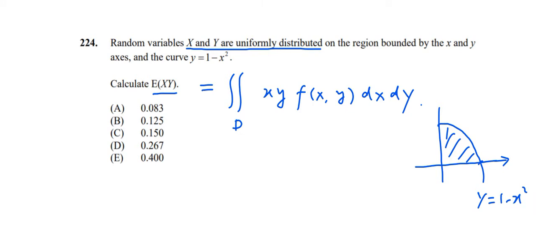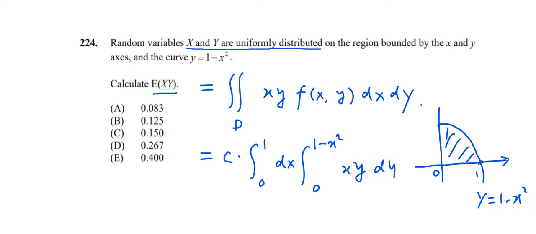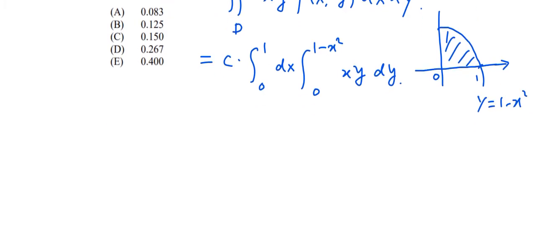The density function f(x,y) is a constant, so this equals a constant c times the integral from x equals 0 to 1 dx, then y from 0 to 1 minus x squared, of xy dy. Those are just calculation issues, very simple ones, so we should do this quickly.